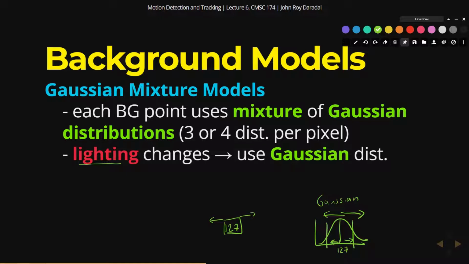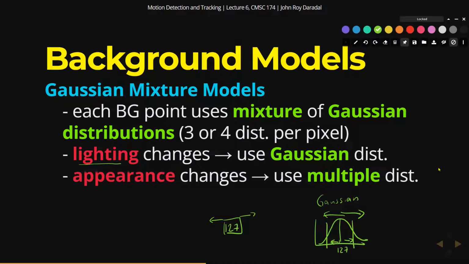Now, why are we using a mixture of Gaussian distributions? It's because we also want to account for appearance changes. The background changes over time, so we don't just want one Gaussian distribution, we want multiple. Maybe this distribution accounts for one appearance of the background, and another distribution here accounts for another possible appearance.